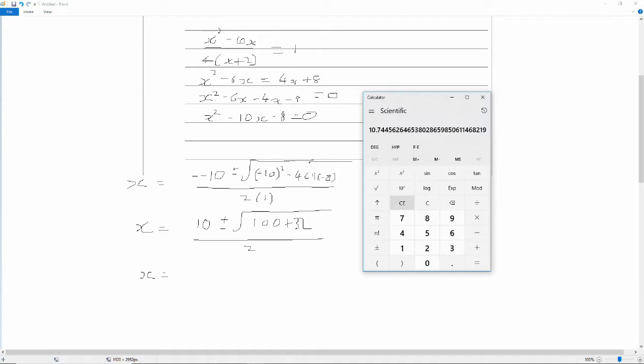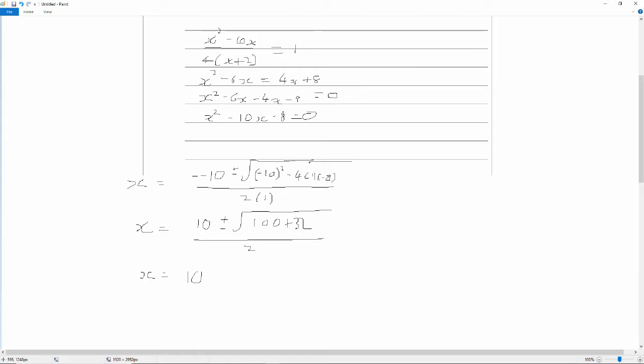They want it to 2 decimal places, so that's 10.74. The 4 that comes after the 4 means that the 4 that comes after the 7 does not round up to a 5, so it's 10.74. Very important you get that, 10.74.